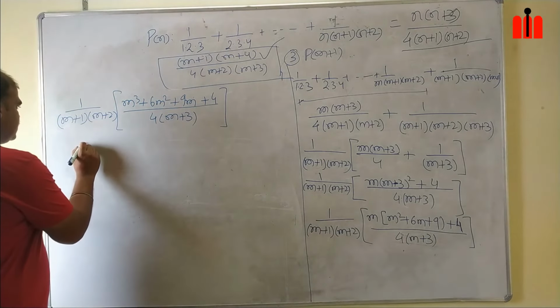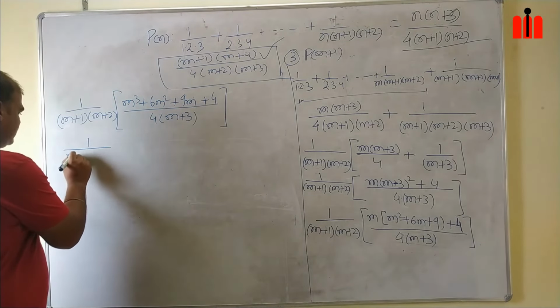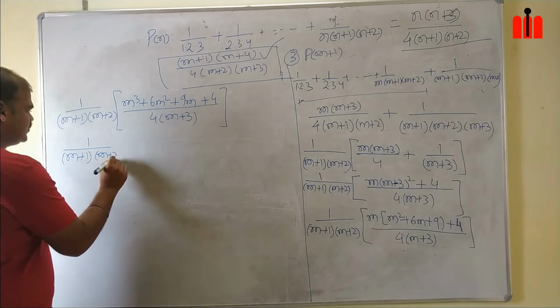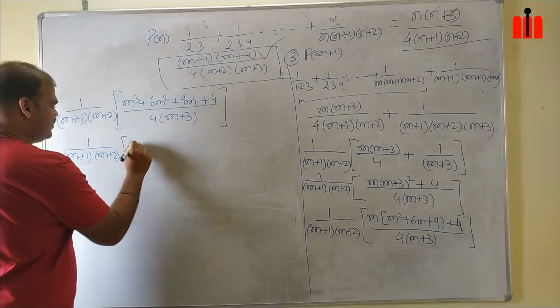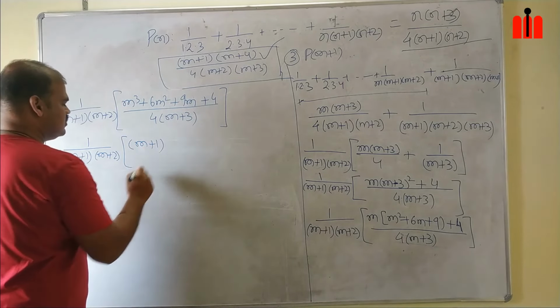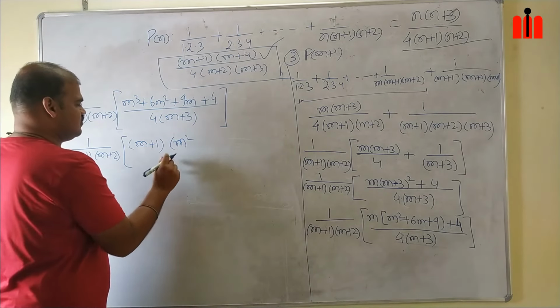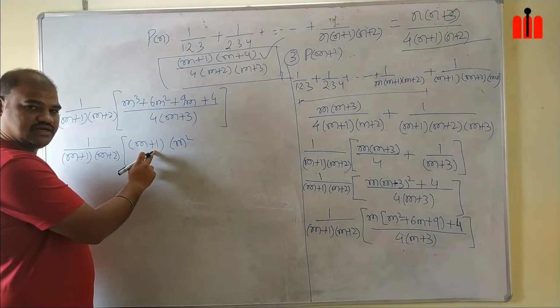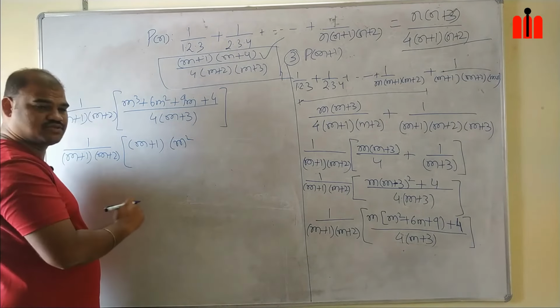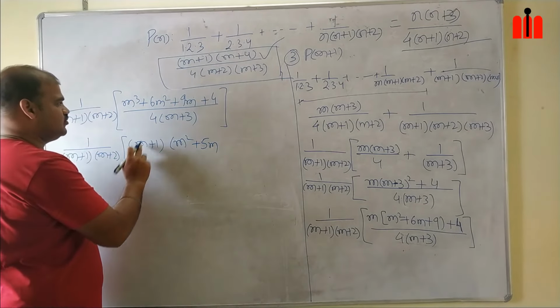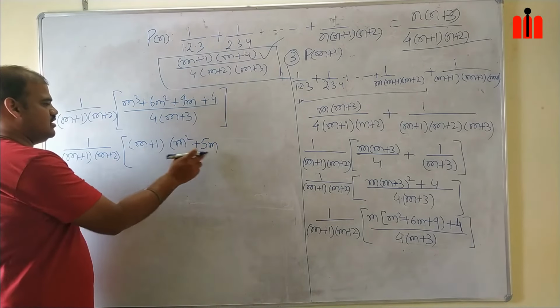So let's write m plus 1 as its factor. m plus 1, m plus 2. Now m plus 1 is a factor of this. Let's write it over here. So the first term will be m square because it is m cube. Here it is 6m square, so you have to get 5m square further to make it 6m square.